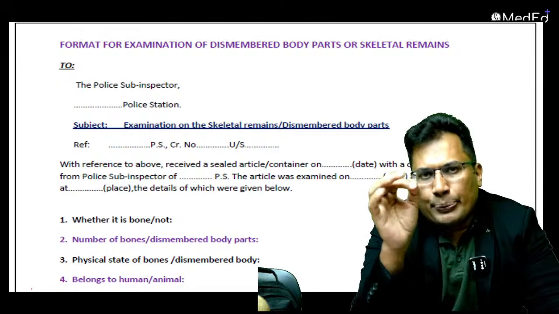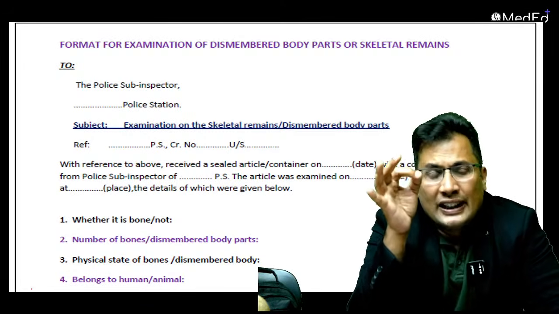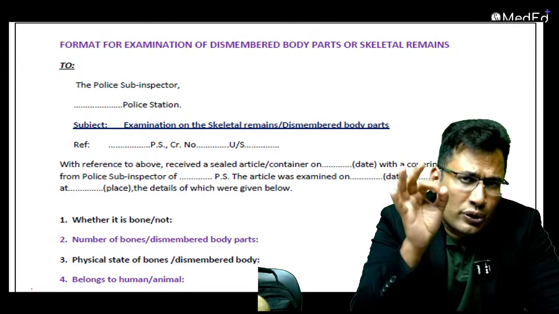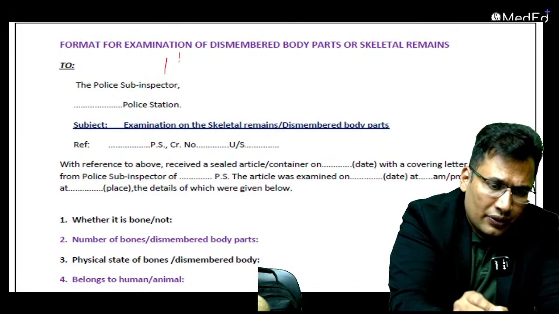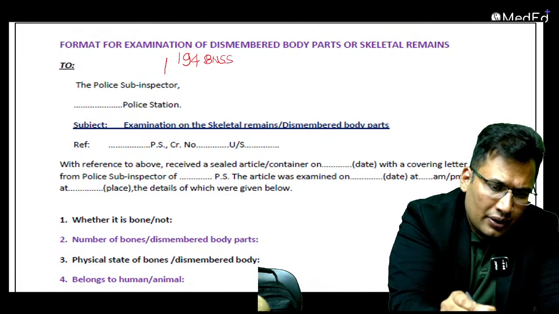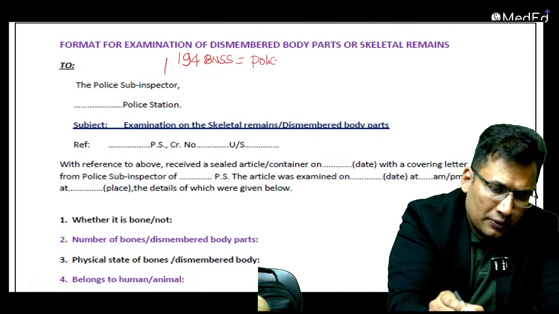The police sub-inspector. As you know, police sub-inspector is the investigating officer in most of the unnatural death. In case of 194 BNSS, 194 BNSS is police inquest.